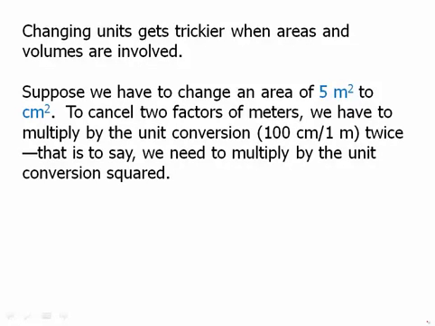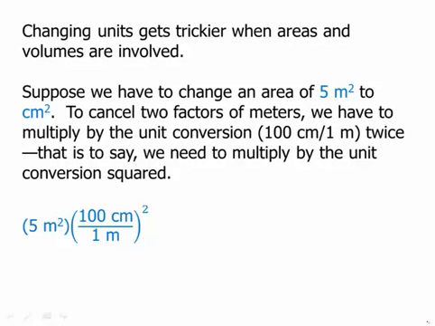That is to say, we need to multiply by the unit conversion squared. So we'd multiply 5 square meters by 100 centimeters over 1 meter, that conversion factor squared. And of course, 100 squared is 10,000, and 5 times 10,000 is 50,000. So 5 square meters is 50,000 square centimeters.